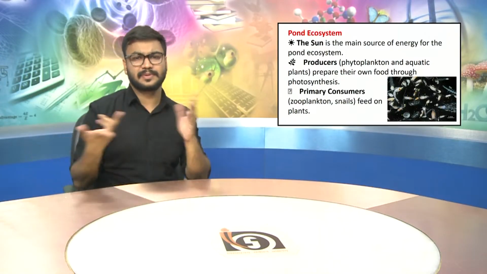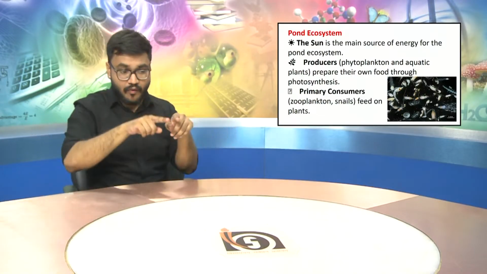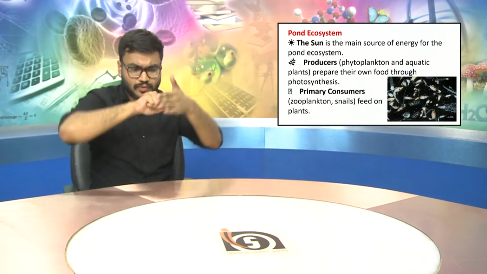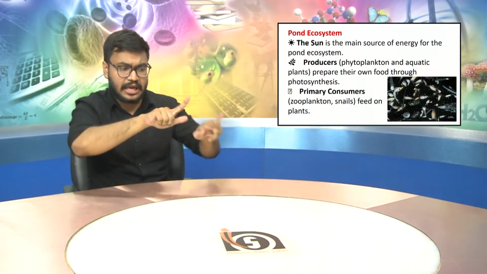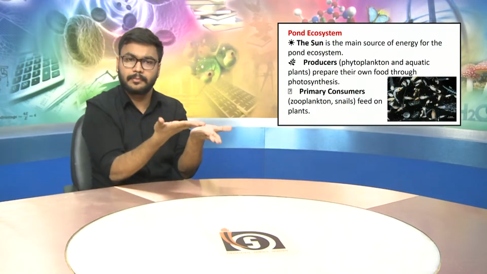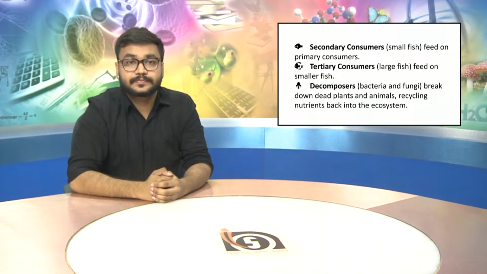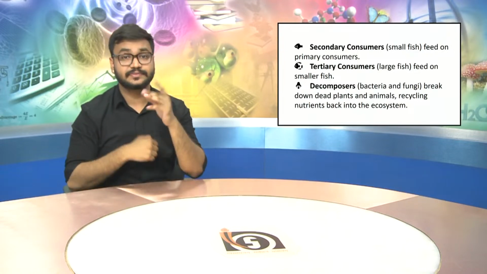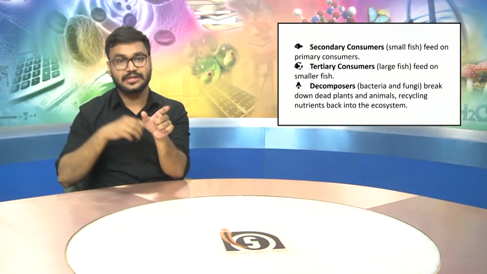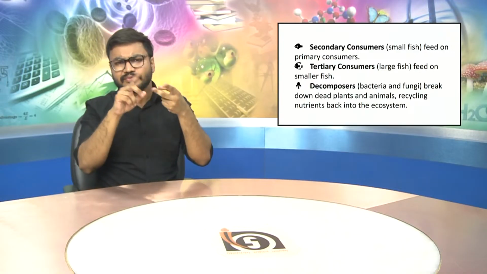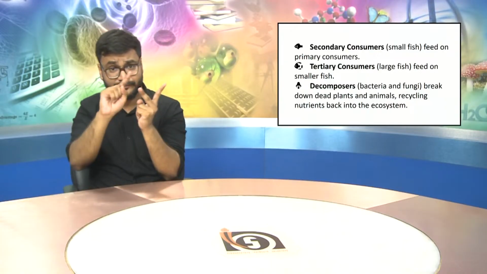And third is primary consumers, which includes zooplankton and snails because they feed on plants. After primary, secondary consumers, which include small fishes, feed on primary consumers.